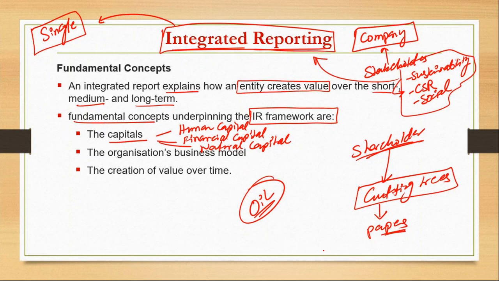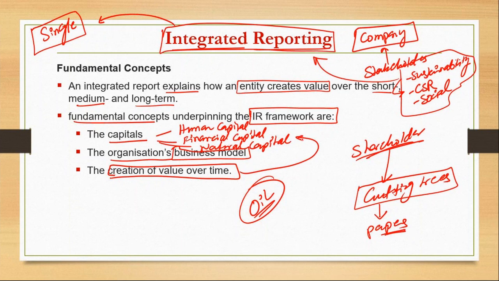So all of the resources being used are the capitals, which the company should tell what capital, what inputs they are using. Plus, we should tell what is the organization's business model, what are the processes where we use these inputs, these capitals, and how do we create value over time?